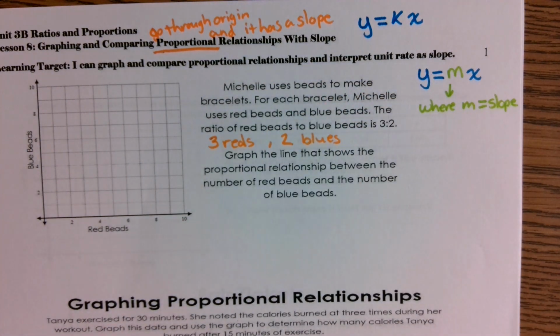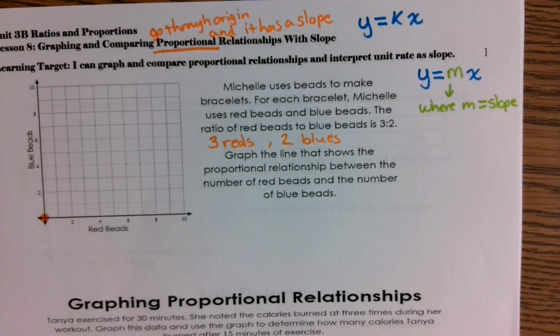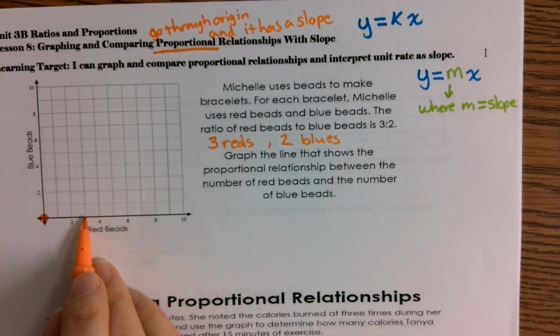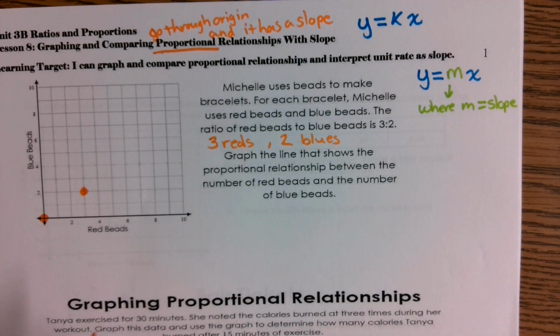So when I graph that, again, if I start at the origin, I'm going to graph where I see 3 reds, which is my x, and 2 blues, which is my y. So I'm graphing it at the point 3, 2. Now I can continue graphing.